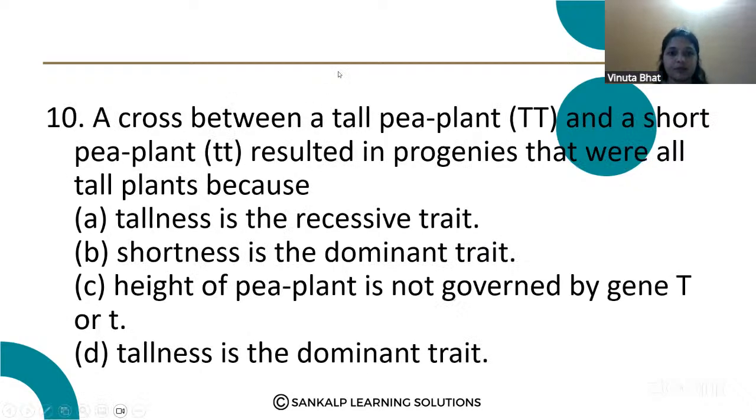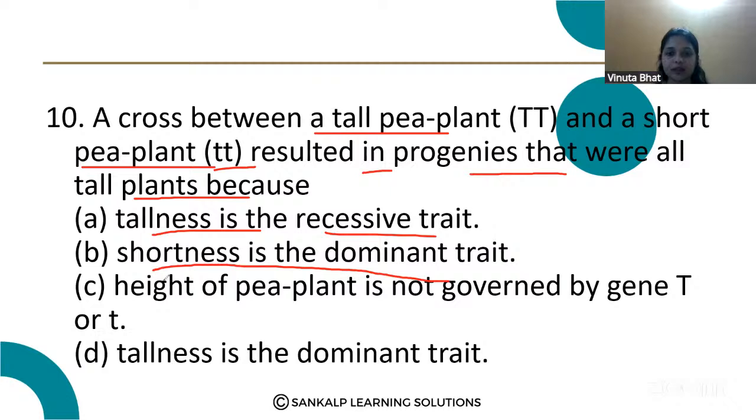Next question. A cross between a tall pea plant, that is the capital T pure breeding, and a pure breeding short plant, resulted in progenies that were all tall plants because: tallness is the recessive trait, shortness is the dominant trait, height of a pea plant is not governed by T or t, or tallness is the dominant trait.